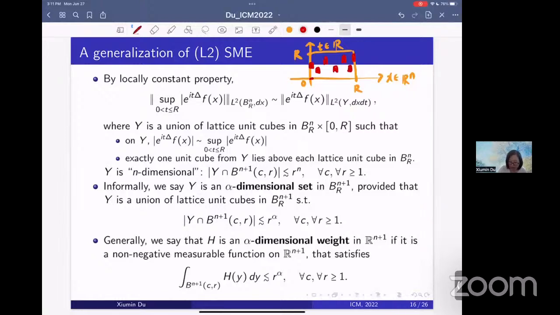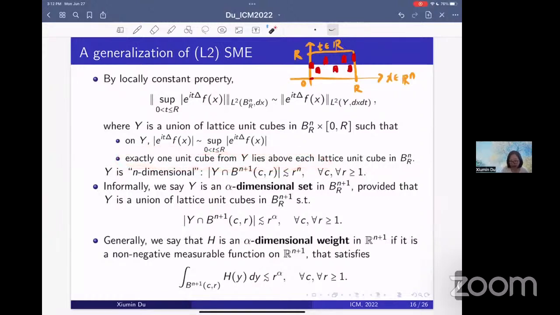And in this way, we find a subset Y satisfying the following properties. On this subset, the absolute value of the solution reaches the maximum value over the time interval. And for each lattice unit cube in the x variable, there is exactly one unit cube from Y lying above it.